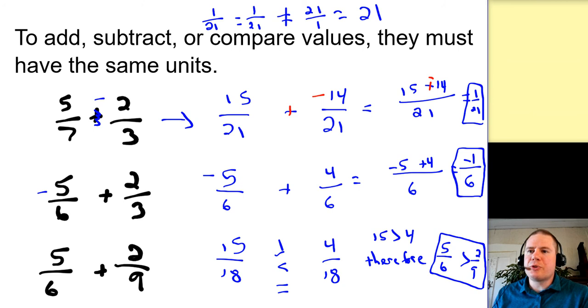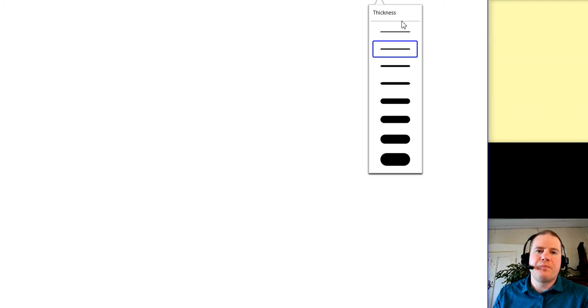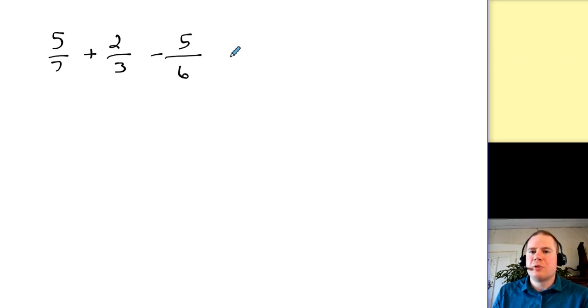All right, so let's put this all together into one big expression. Something like 5/7 plus 2/3 minus 5/6. Why not put another minus in there? How about plus negative 2/9, right?